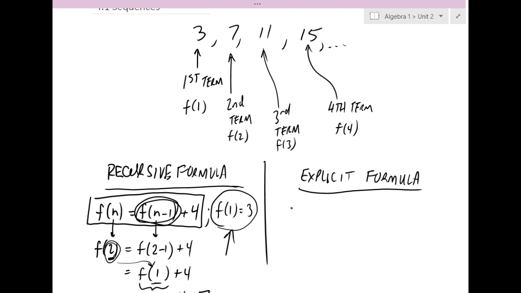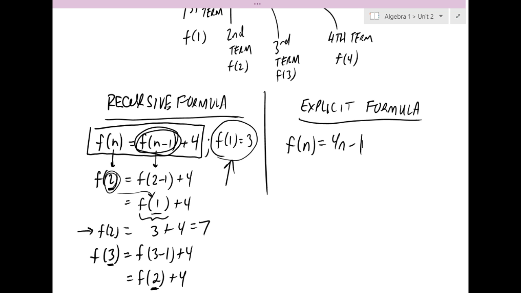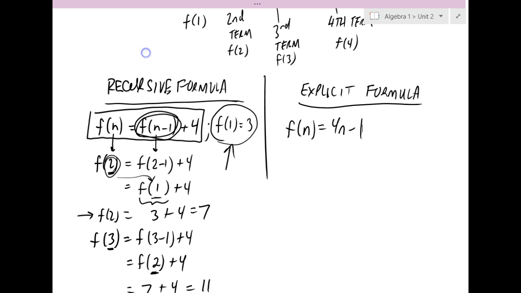So for example, the explicit formula for this function would be f of n is equal to 4n minus 1. Now you don't need to know where that came from. We will explore that in another chapter. But for now, if f of n equals 4n minus 1, I can generate the series just by plugging in numbers. So if I want to know the first term, I plug in 1 for n.